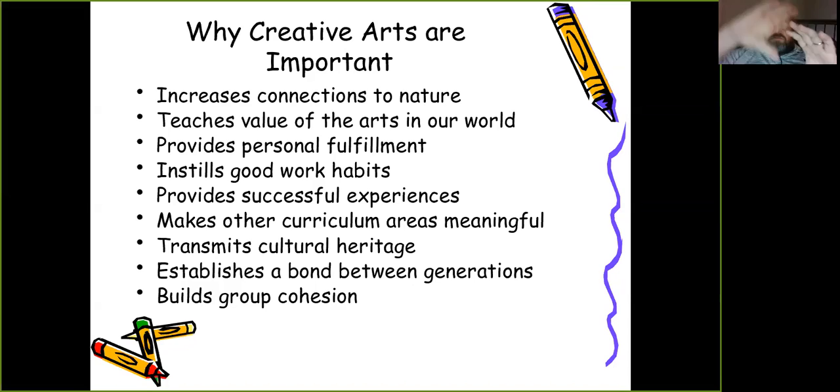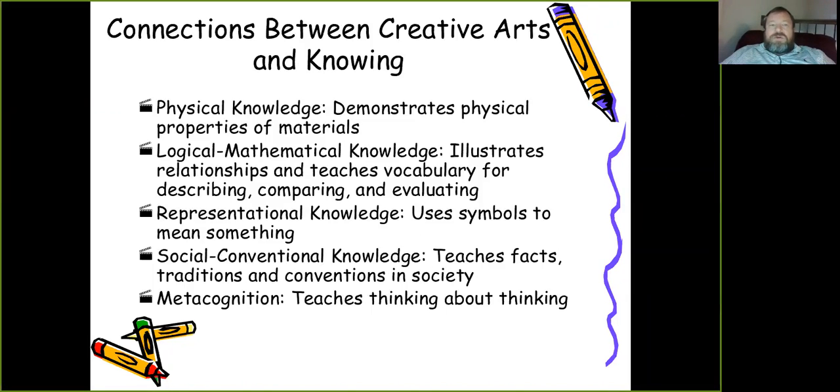It establishes a bond between generations as we transmit those culturally relevant aspects of art. And within a group of children, as they work on murals or dramatic play together or music together, it builds a group cohesion.